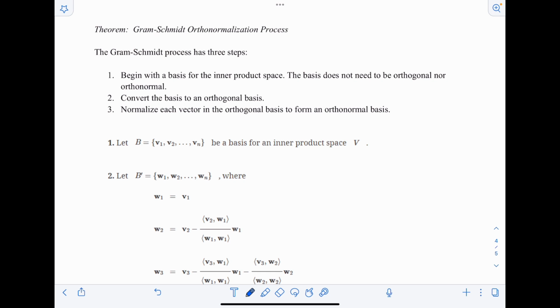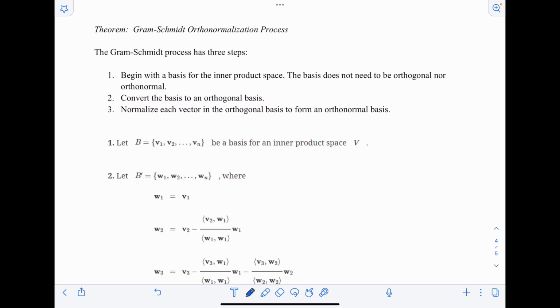So basically, if you look at the theorem here, we've got 3 steps that we're going to go through. The first is that we simply have to define what the basis for the inner product space is. And that basis does not need to be orthogonal, nor does it need to be orthonormal, because that's the whole point of this, to make it orthonormal.